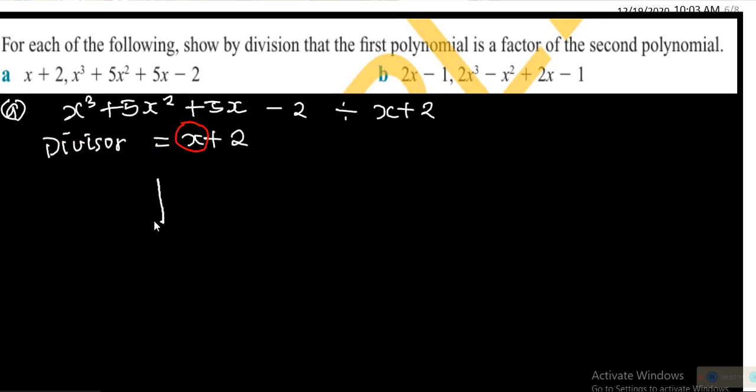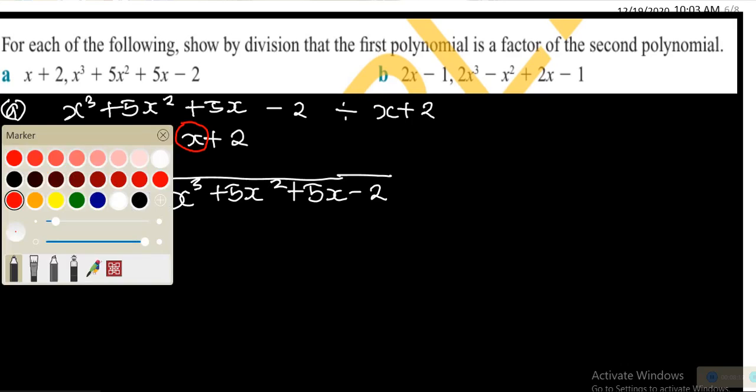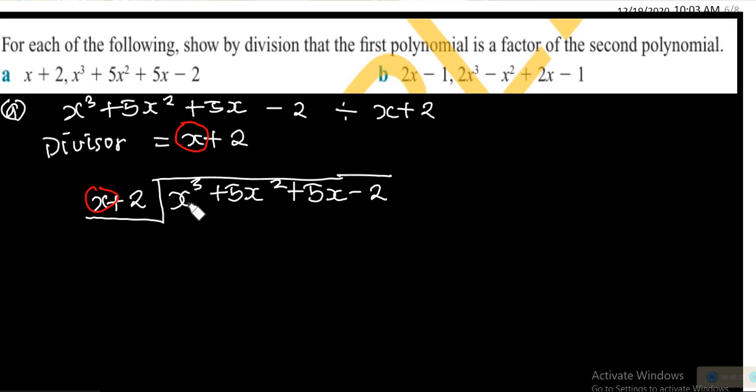So we draw our division symbol, and then we write the dividend inside, x cubed plus 5x squared plus 5x minus 2, divided by x plus 2. Our divisor is going to be x. So x in x cubed gives us x squared.